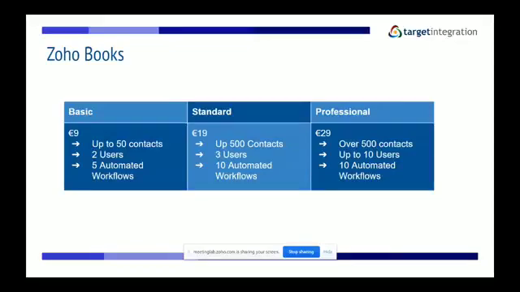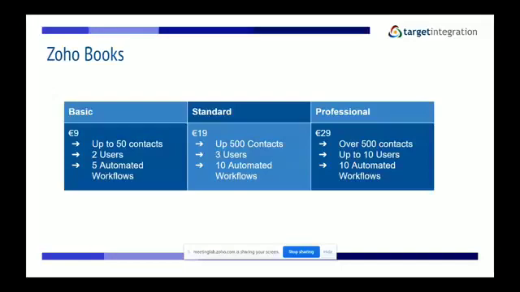The features do vary from price plan to price plan. With the basic, you'd get bank reconciliation, expense tracking, projects and timesheets, recurring transactions, sales approval, and budgeting. Standard will include all of that, plus bills, vendor credits, reporting tags, and purchase approval.